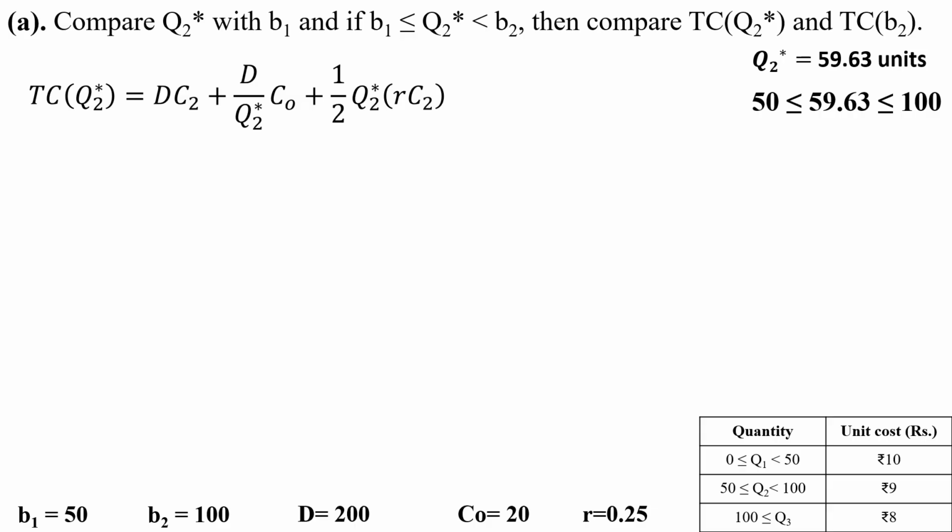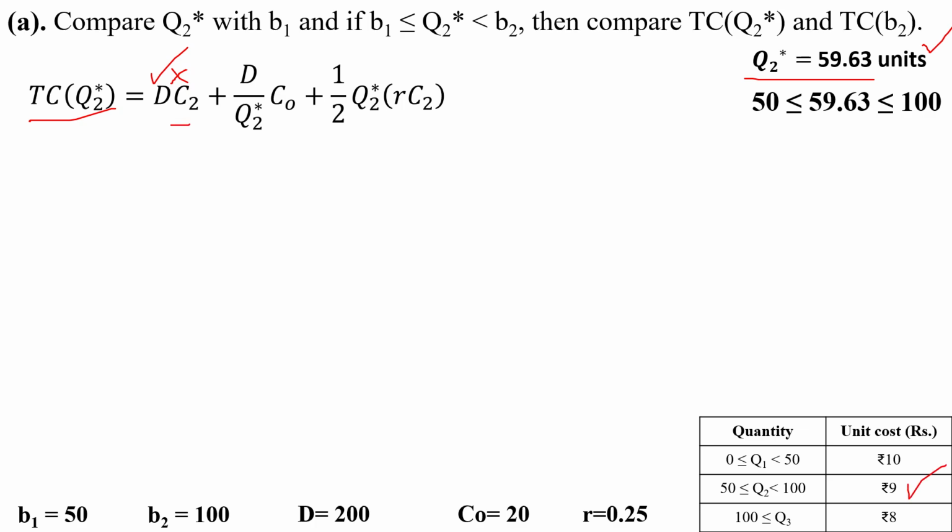So first I have to calculate the total cost for the Q2* quantity. The first one is the purchasing cost, which is demand times unit cost. Here the unit cost for the quantity Q2*, which is 59.63 and lies between 50 and 100, is 9 rupees.